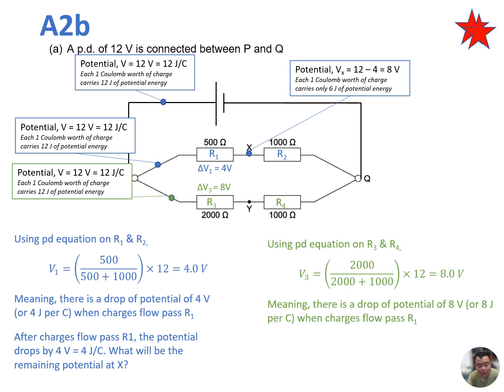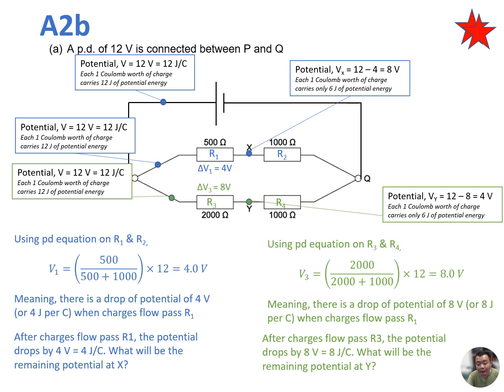Before the charges go past R3, the charges will have the full amount of potential energy, which is 12 volts potential. If you go past R3 and you see a drop by 8 volts, this means that at point Y, the potential is only 4 volts remaining.